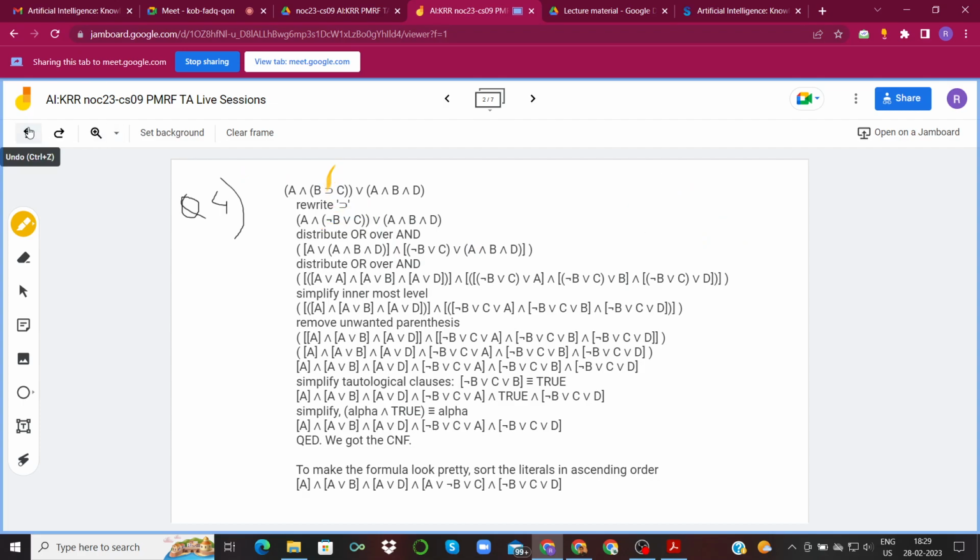Next, as I was telling, you are distributing this OR over AND. Basically, if you have something like P and Q, or R and S, let's say, you can expand this OR over this AND.